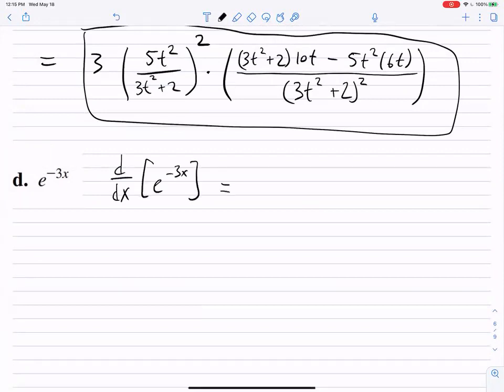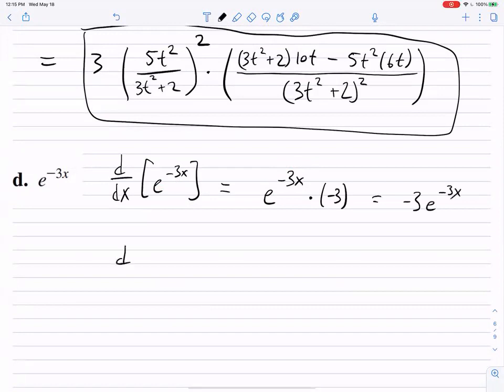The derivative of the outside function is just e to the minus 3x, that doesn't change, because the derivative of e to the u is just e to the u. And then we multiply by the derivative of the inside function, which is negative 3. So this becomes negative 3e to the minus 3x.